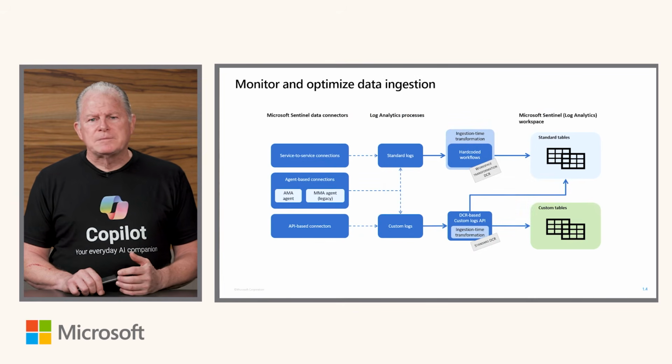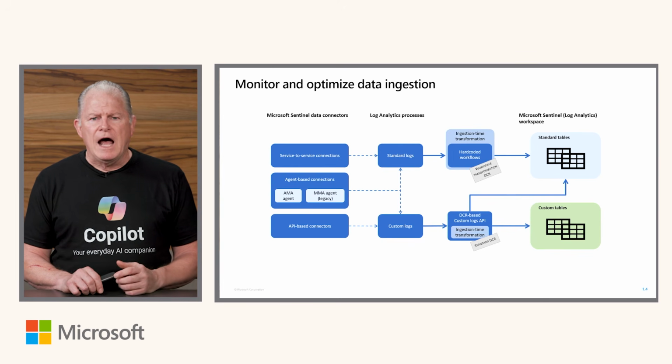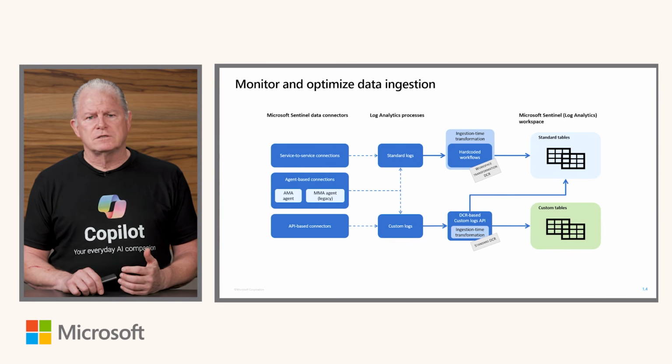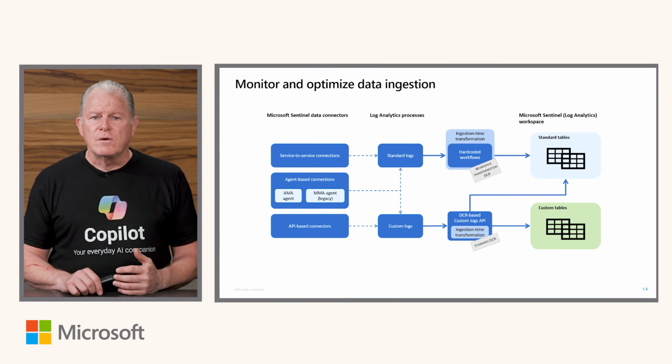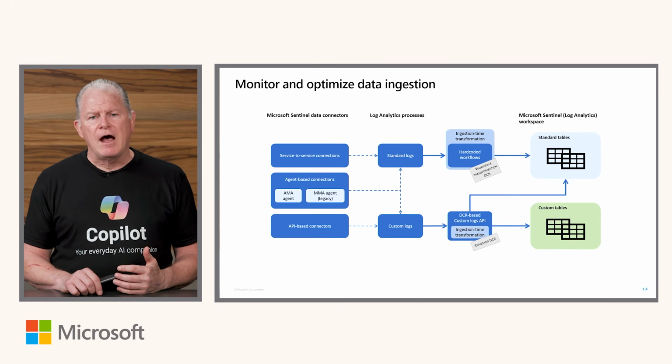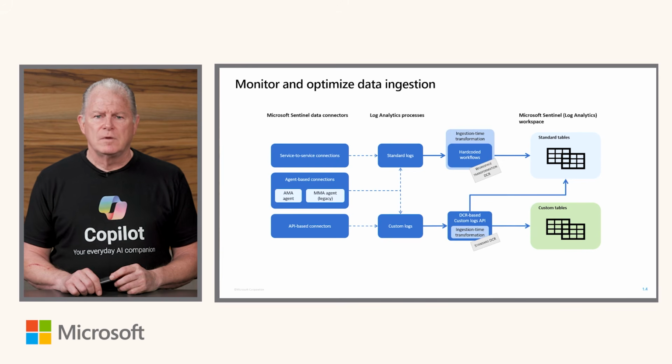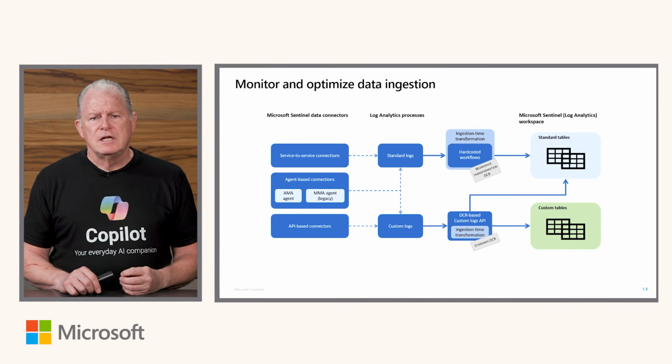It's crucial to grasp the process of data ingestion in Microsoft Sentinel, including how data is collected, processed, and stored. This involves knowing the different sources of data and how they are ingested into Sentinel. You should be familiar with creating and managing DCRs. These rules define which data should be collected and how it should be processed during the ingestion process.